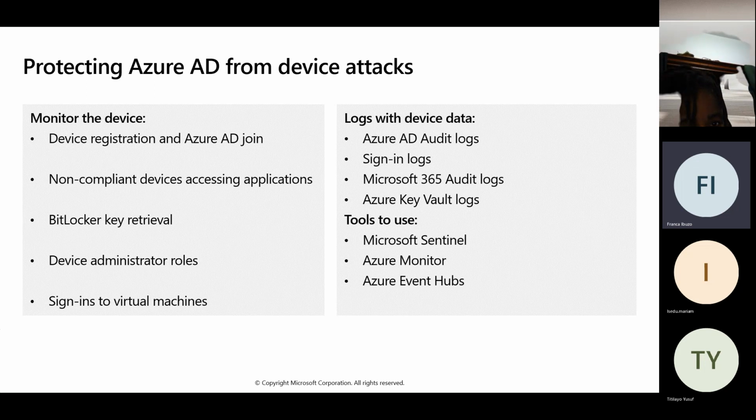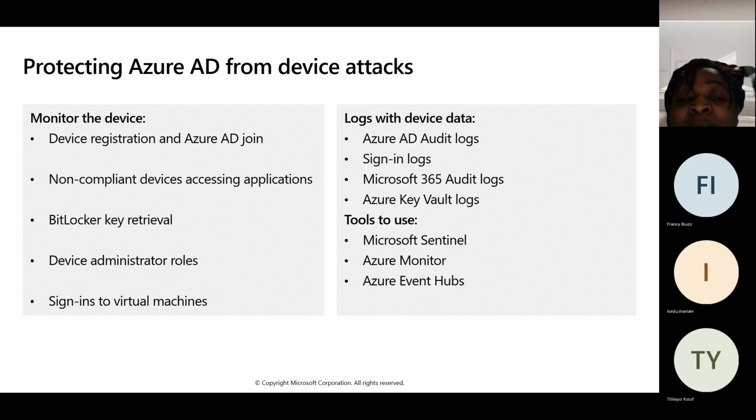Yeah, looking at the tools and the logs with device data. Trust me, that's why I said you're on the right path. As you advance in identity, once you have understood how to take a use case, create a scenario and implement it, the next thing you want to do is to improve. And for you to improve on security, you want to know how to interpret logs, right?